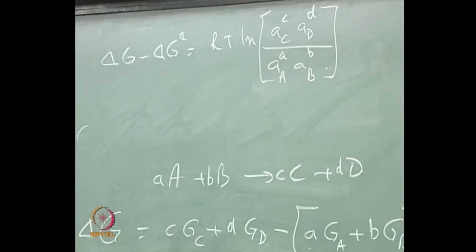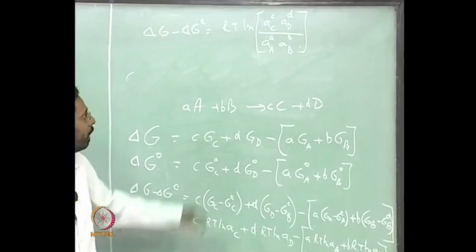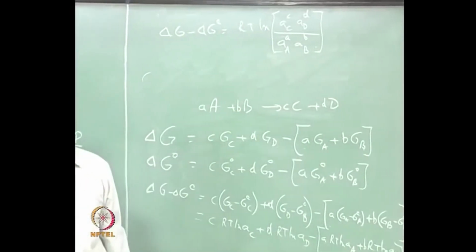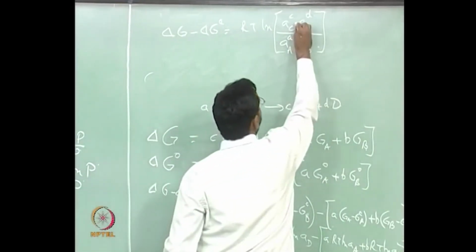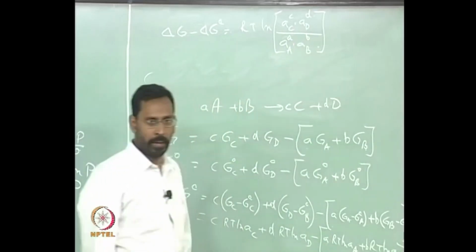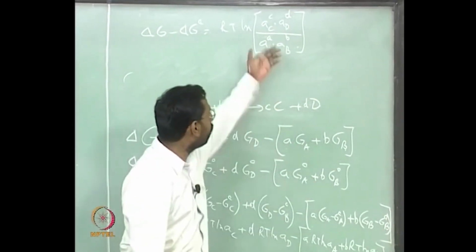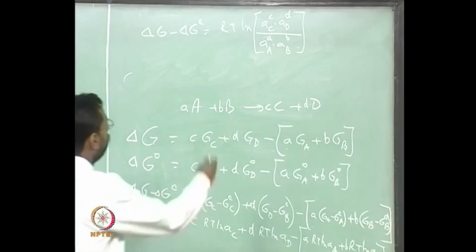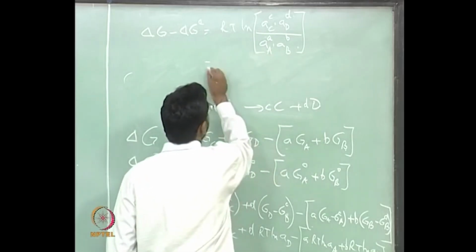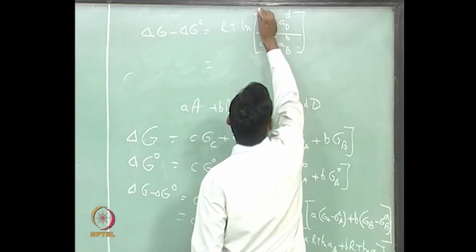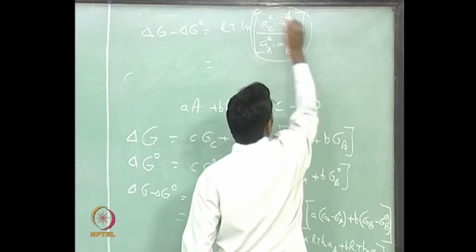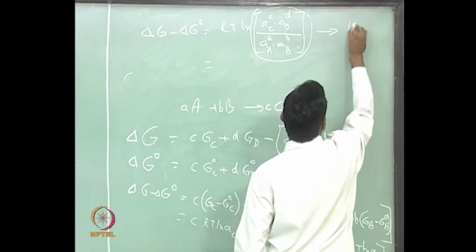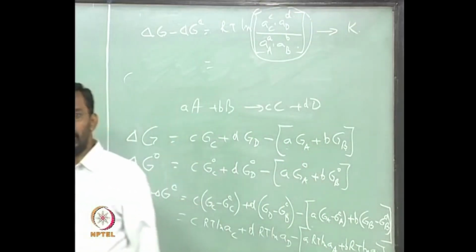Are we right? Because these are ln's, we can take the ln out and then do multiplication. Here you are simply multiplying, and because this is negative it comes to the denominator, positive is in the numerator. This bracketed item is what we call K, the equilibrium constant.